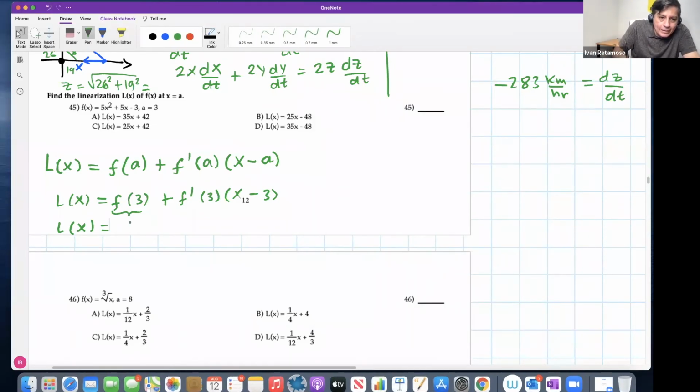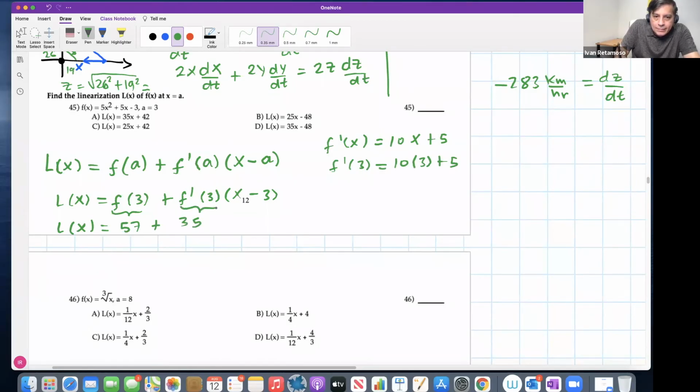And now the derivative evaluated, the derivative of this function is just 10x plus 5, right? So this derivative evaluated at 3 should be 10 times 3 plus 5. 30 plus 5, 35, right? 35 times x minus 3. And this is pretty much it. I think, yeah. So simplify.